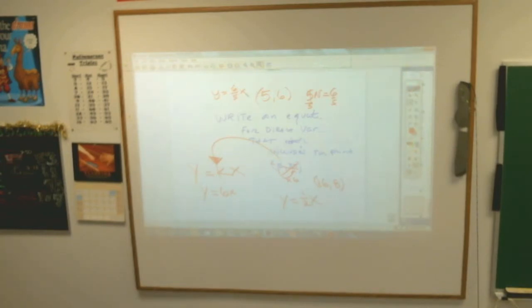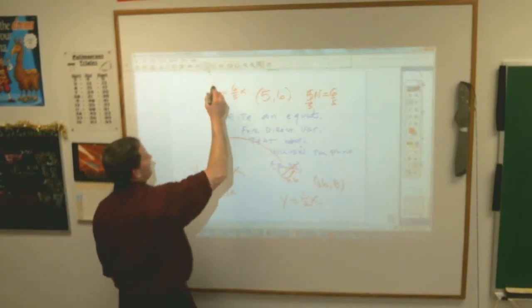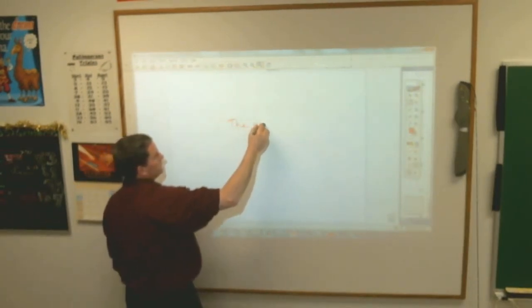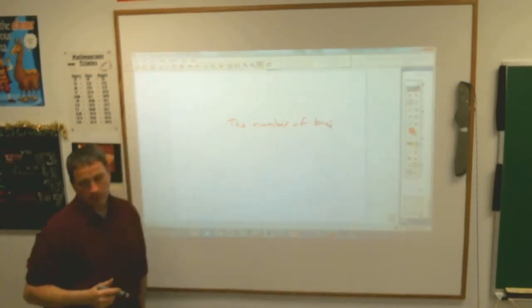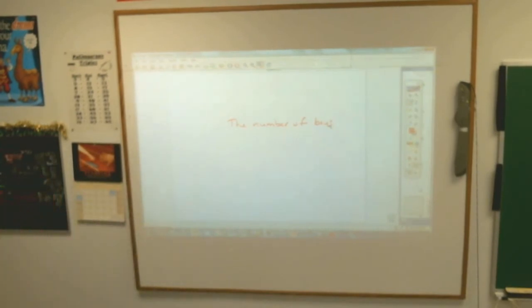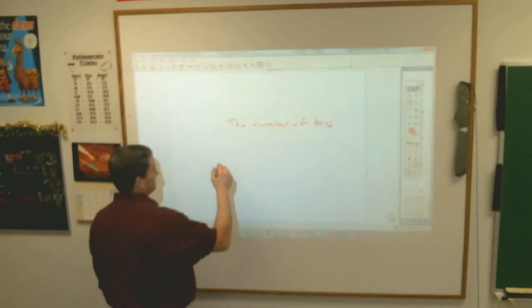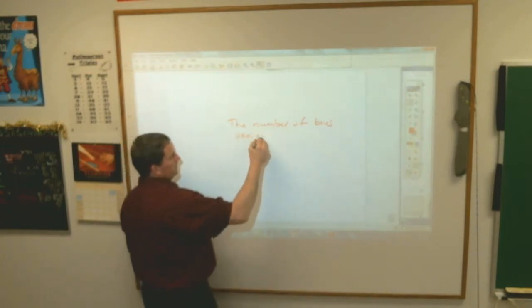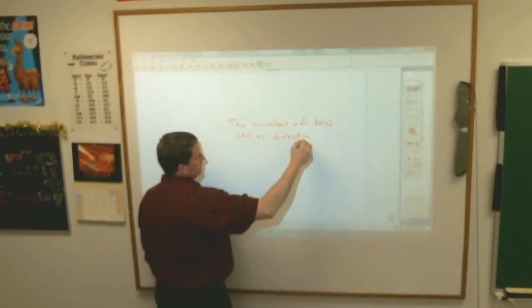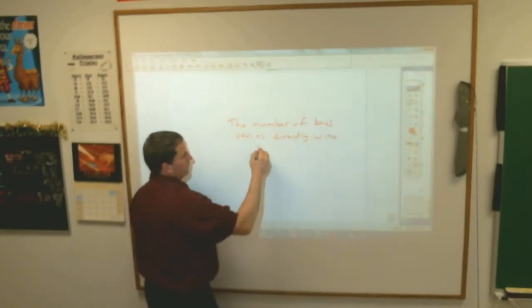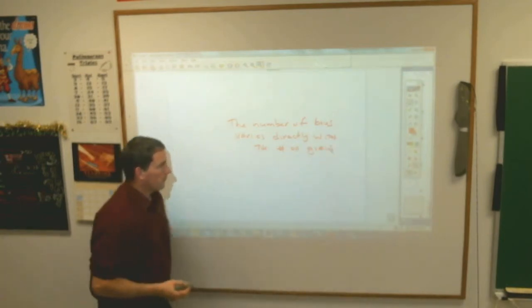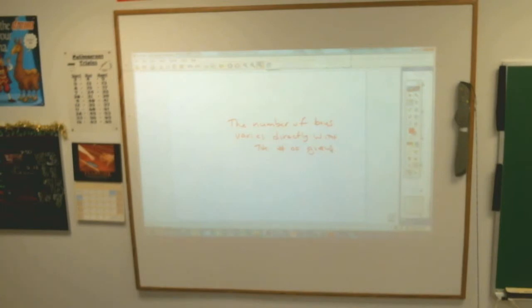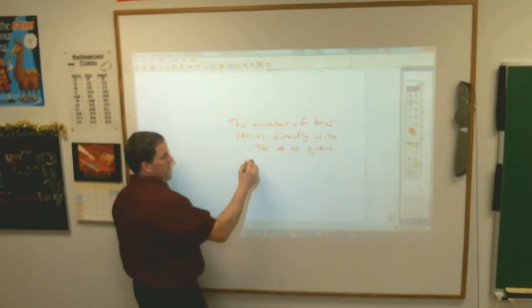And then last one right here. Write this down. The number of boys in the class varies directly with the number of girls. One class has 6 girls and 18 boys.